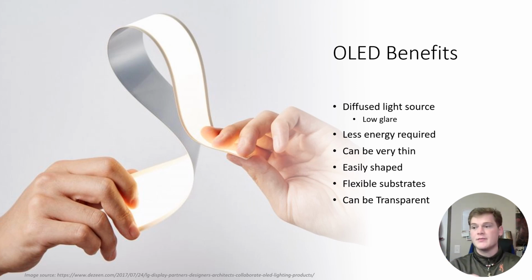Once again, as I mentioned with the fixtures, you can really put them anywhere. On top of that, you can even make them transparent. So if there's something that, you know, maybe you want some information display, but you also want to be able to see what's going on, maybe behind the screen, an organic LED would be great at being able to complete both of those tasks.